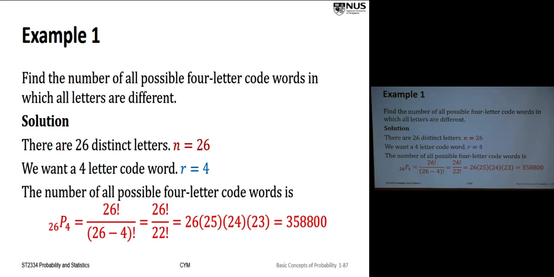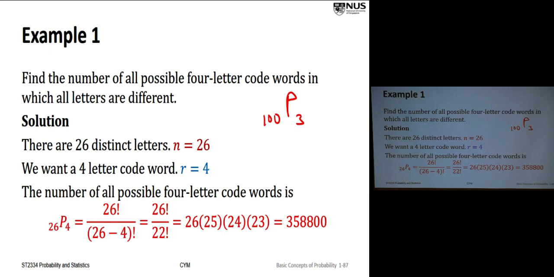Nowadays, computer power is so abundant. In the old days, if I have 100 objects, I want to choose 3 of them and arrange them, how many ways? Take out the calculator, press 100 factorial. 100 factorial is a huge, huge number, and your calculator may not be able to calculate it.